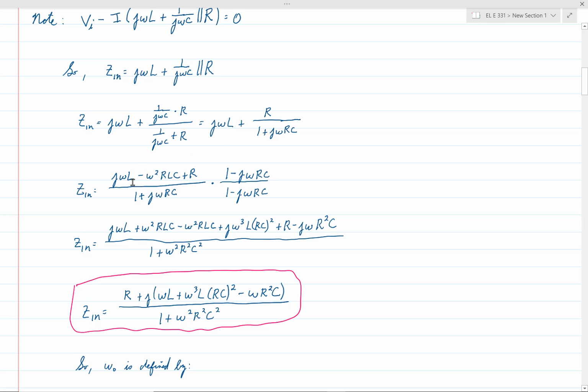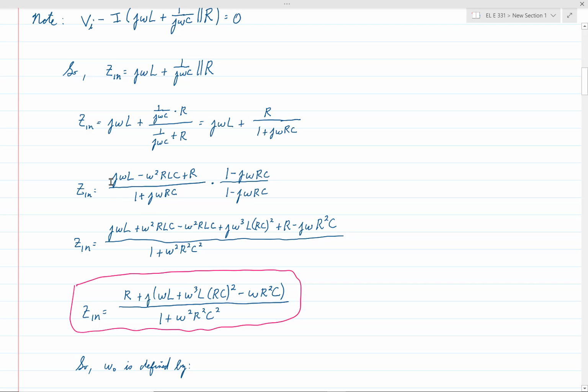And when we do that, we get j omega L minus omega squared RLC. Remember that j times j is -1. And so that's how we're getting this minus omega squared RLC. And then we also bring down the R, which already is over this common denominator, so it doesn't get modified in any way. And now we have this expression.